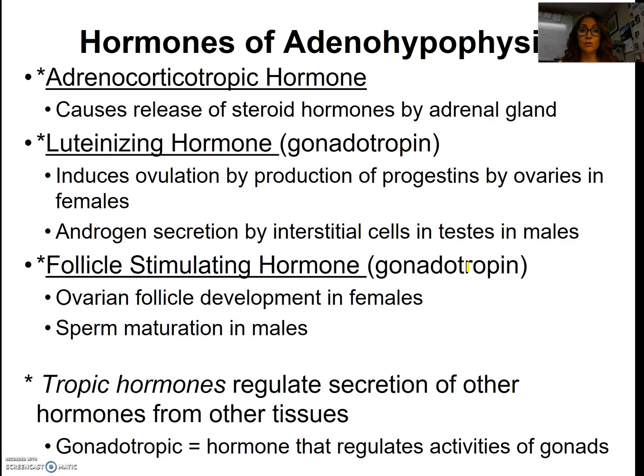In males, it produces androgens, and signals regulation of the testes in males. Follicle-stimulating hormone, another gonadotropin, is what signals the development of follicles, which will eventually develop into ova in females. And then follicle-stimulating hormone also works in males, and that causes the maturation of sperm.